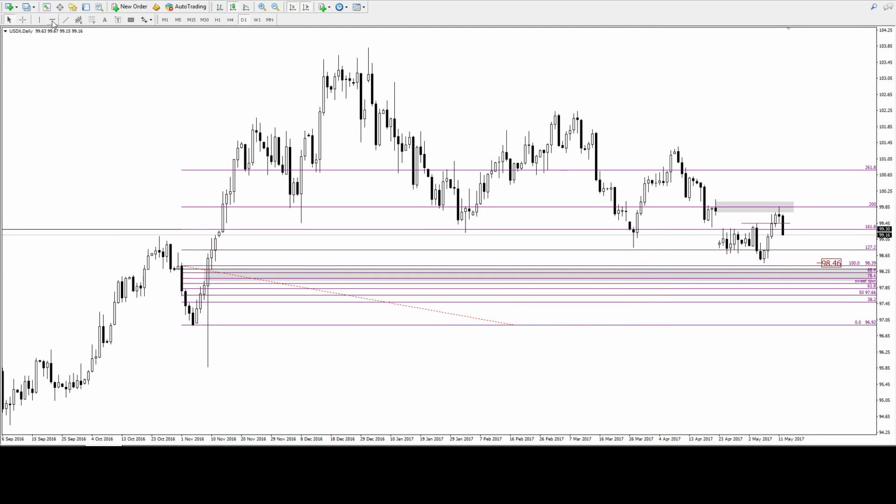We'll call it 97.70. I like the 97.70 level to be reached. That's assuming we get more dollar weakness. If that gives in, then I think we're probably gonna go for these lows here.